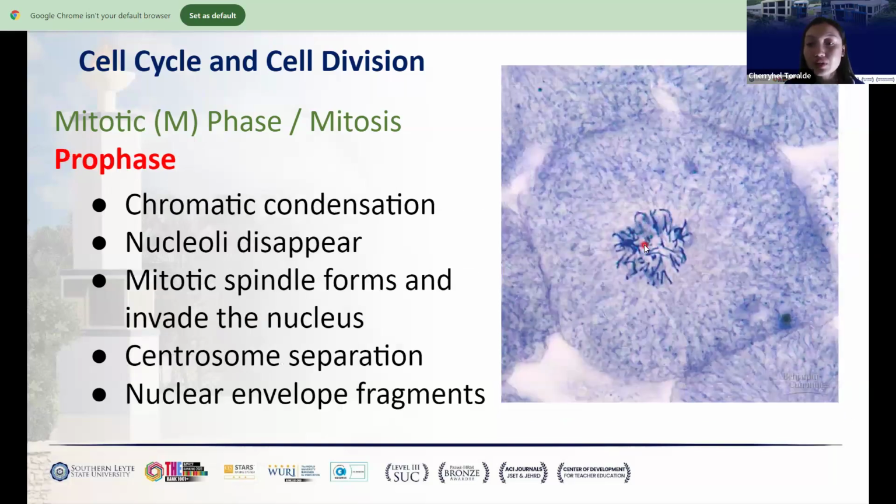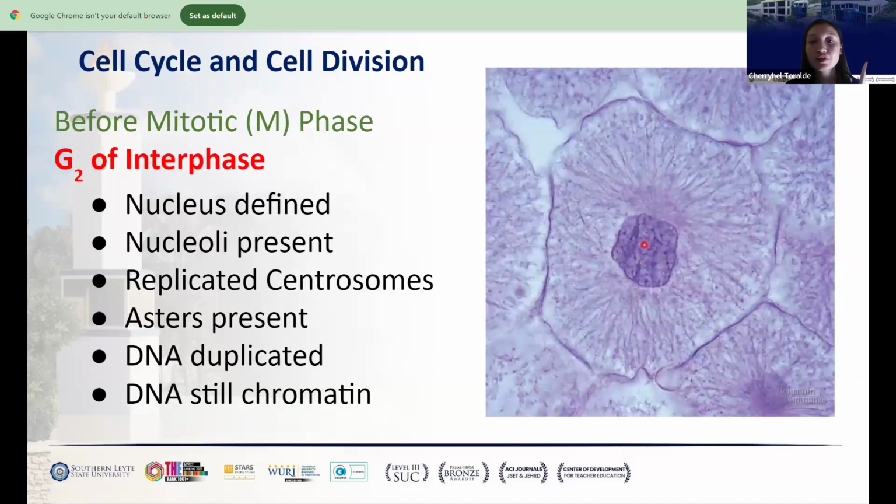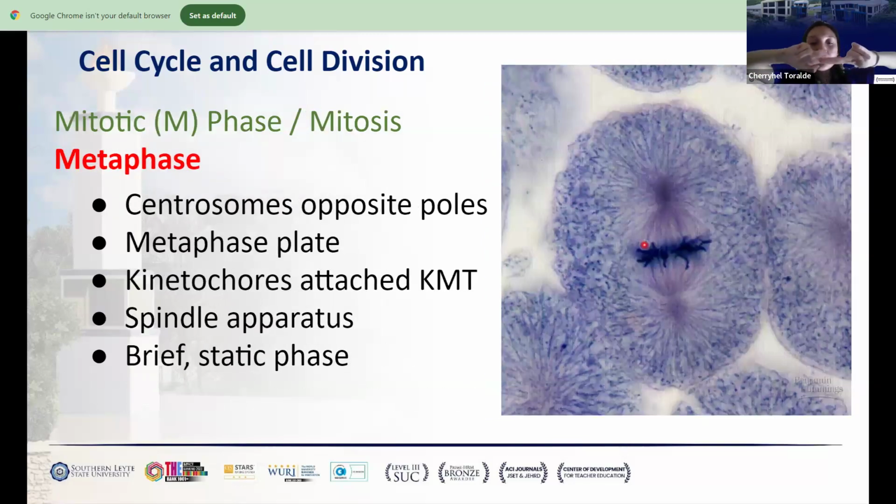So, take note that in G2 of the interphase, nakaduplicate ng DNA. So, parang nakaganon siya. So, isang identical na copy, another na identical na copy. Tapos, i-orient yan siya na merong isang identical na copy na naka-face to the north and then face to the south in this diagram.